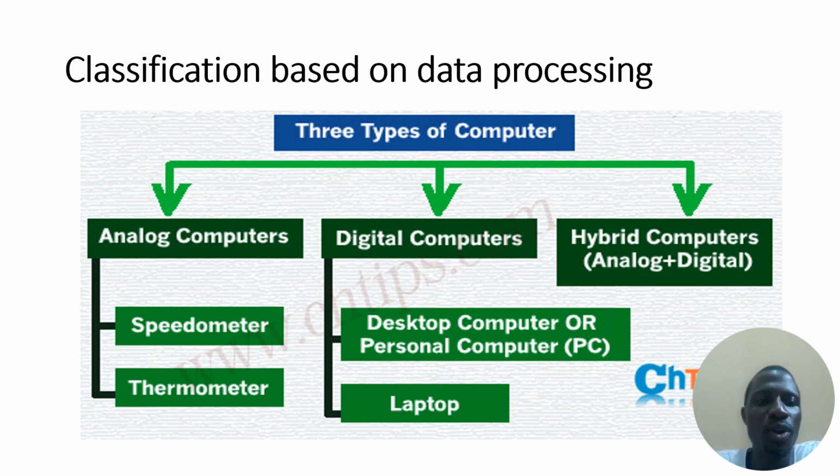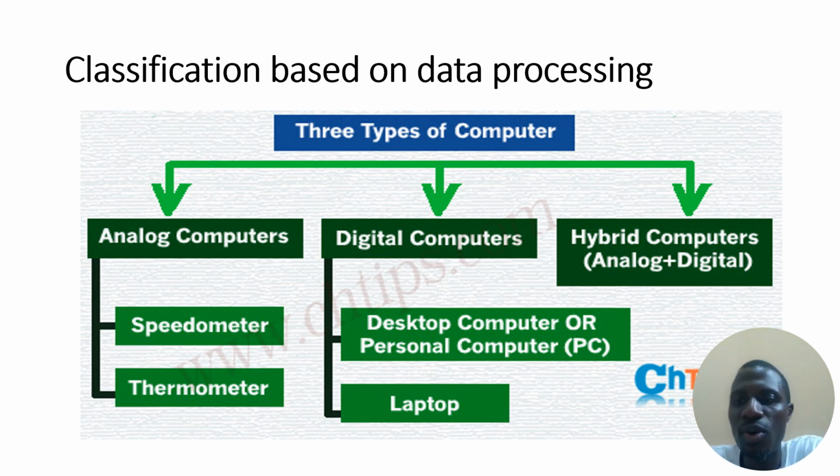A good example of an analog computer is your car speedometer, or the analog thermometer. Whereas for digital computers, common examples include your desktop computer, your personal computer, or your laptops.